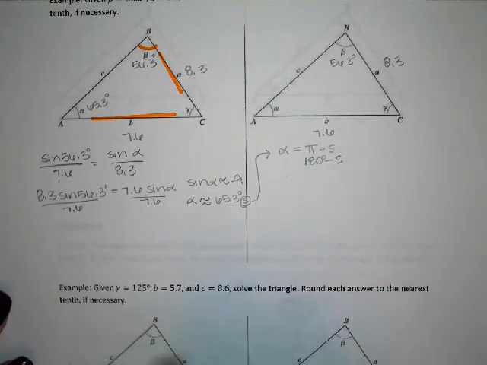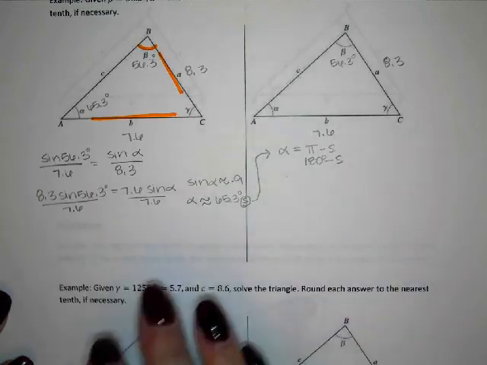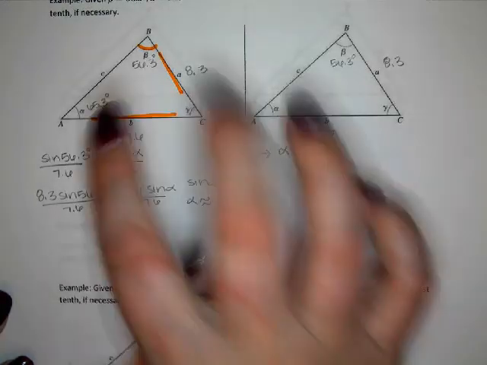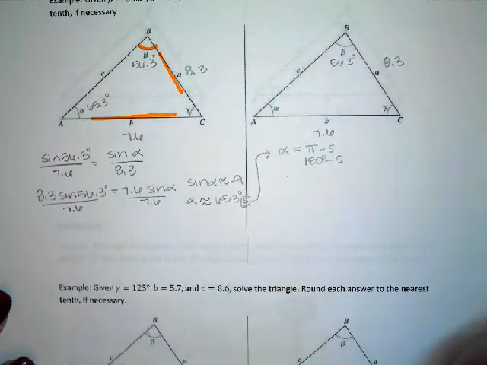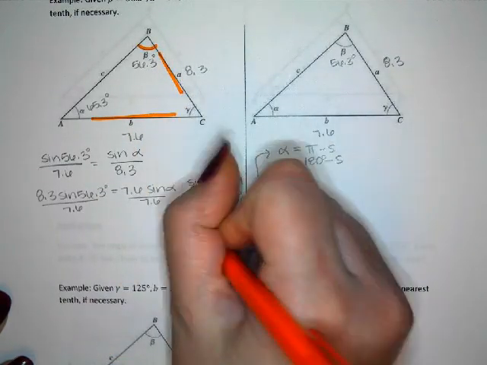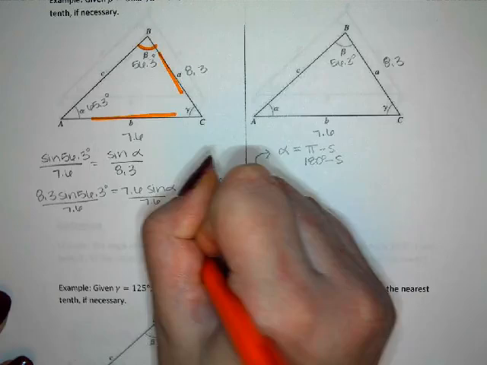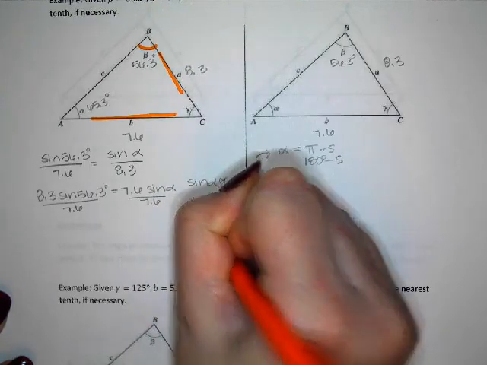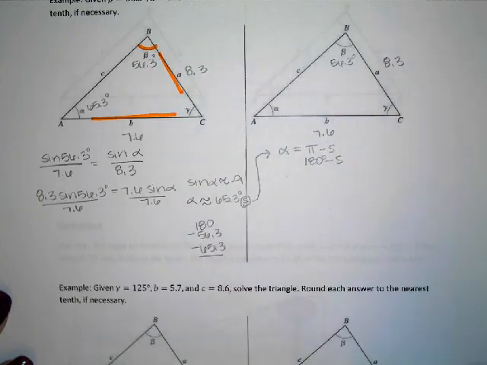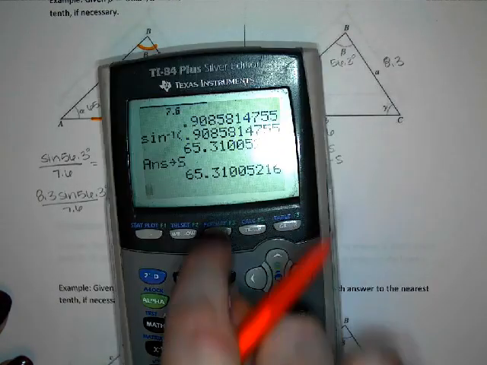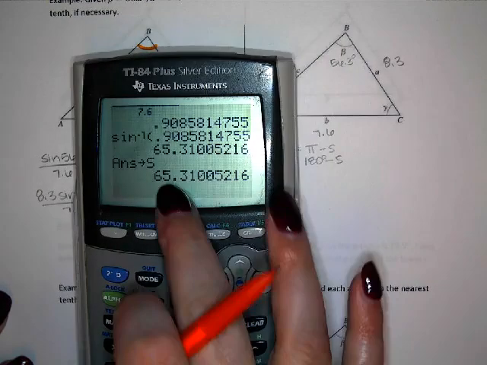Now I have two angles and I need to find the third angle. So for the third angle, I'm just going to do 180 degrees minus 56.3 minus 65.3. And I'm going to use the S when I do this one because I want my last angle to be accurate for my future computations.